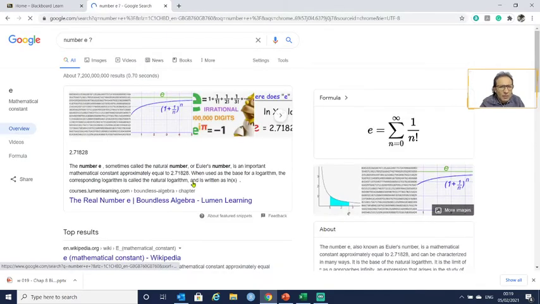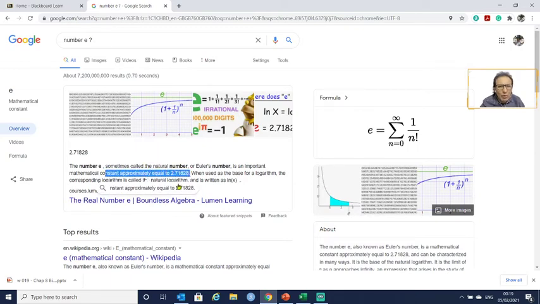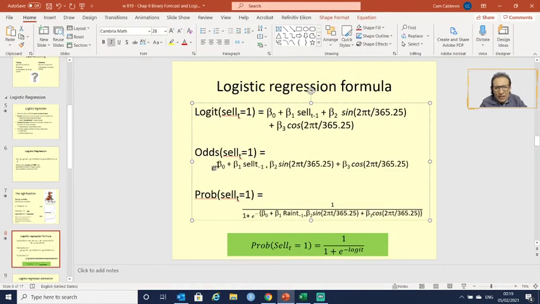Let's put here number E, and then you will find here the number E. Sometimes they call it the natural number, or Euler's number, an important constant approximately equal to 2.71828. So if we put that constant to the exponential of this function, we will get the odds. Very interesting, that Euler number, right? And very useful for many things.